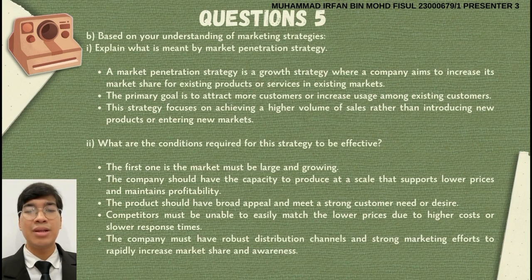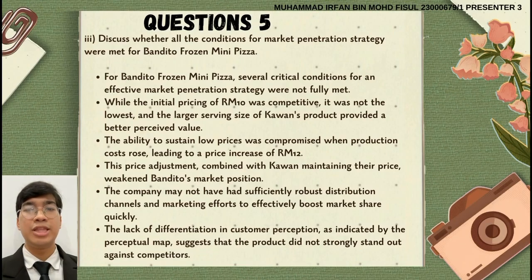Competitors must be unable to easily match the lower prices due to higher costs or slower response times. And the company must have robust distribution channels and strong marketing efforts to rapidly increase market share and awareness. Additionally, it is essential that the overall market conditions are stable, with minimal risk of economic downturns that could adversely affect consumer spending. Question 5B3.